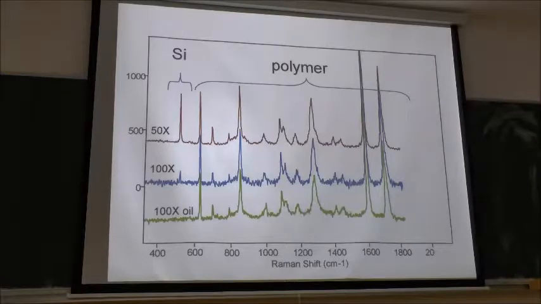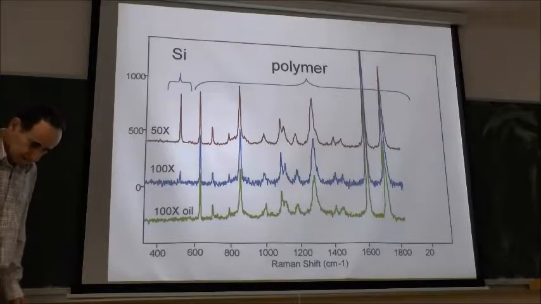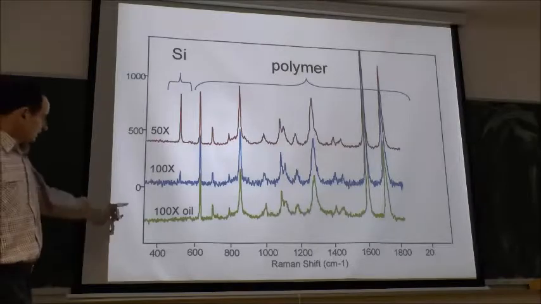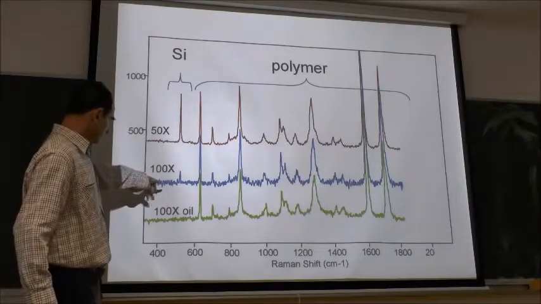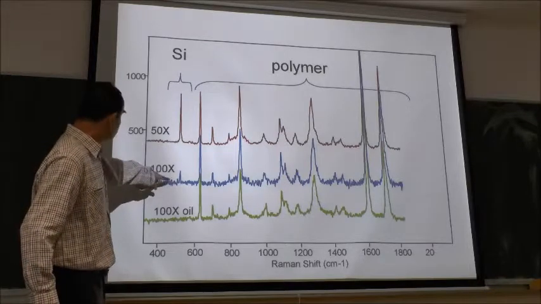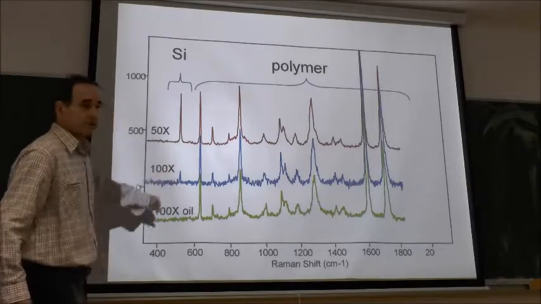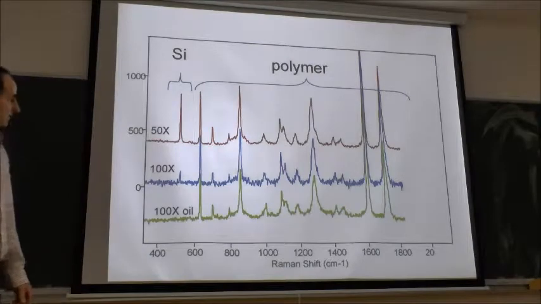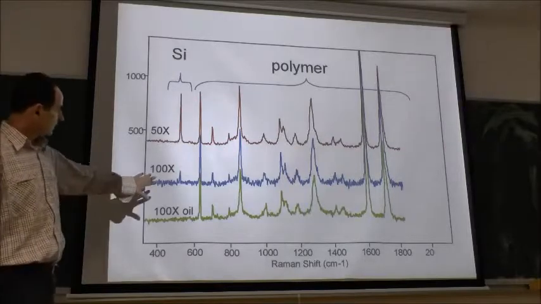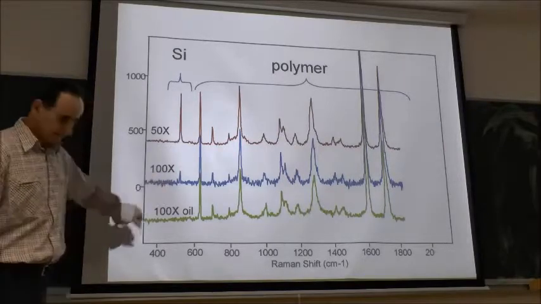We see that using confocal microscopy, you can get rid of the Raman signal of the underlying silicon, which is at 520. This is the silicon 520 band. Because the depth resolution is very good, we can get rid of that band.